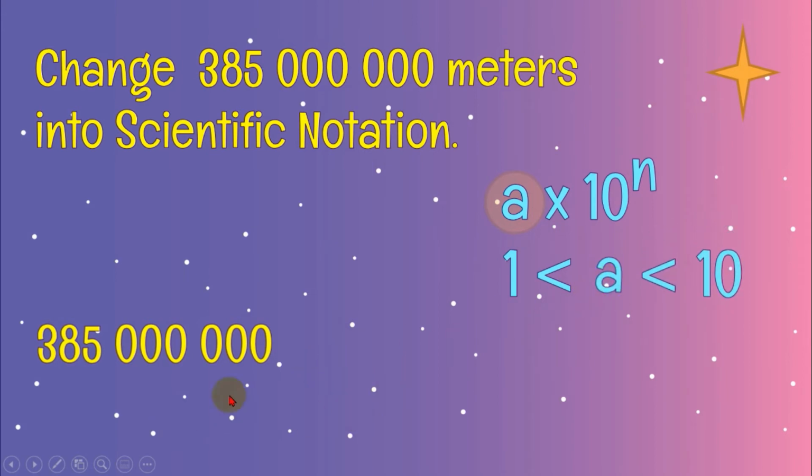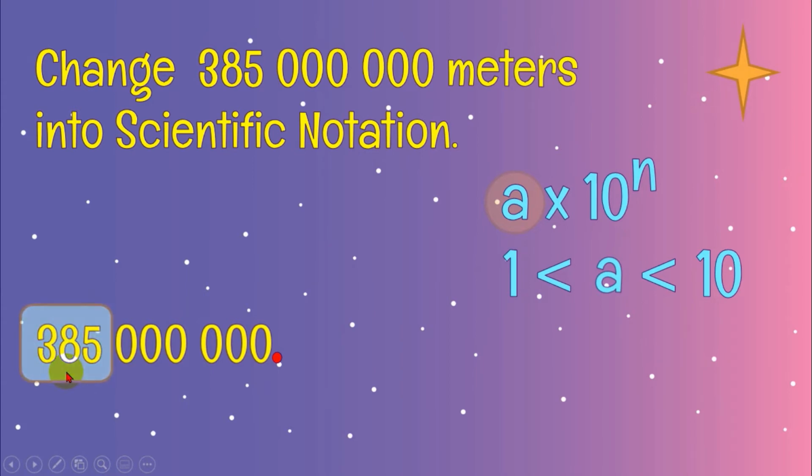And then, going back to the number that you have, determine the decimal point of your number. Since this is a whole number, alam nating lahat na ang decimal point niya ay nasa dulo. And then, move it. After that, do not forget to determine your significant figure. Your significant figure is this one.